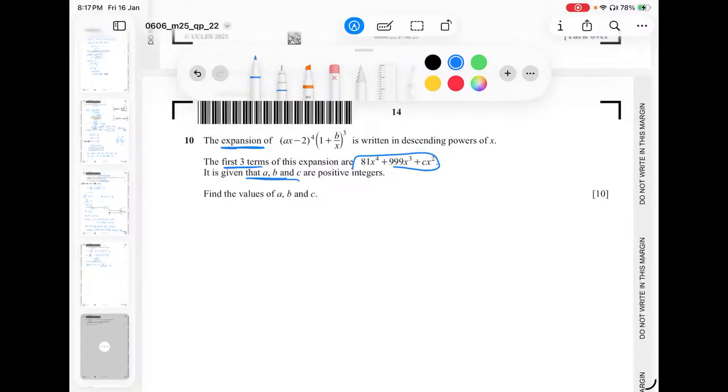Okay, so basically you need to expand it before you can find them. So basically this should give you a power 4 x power 4. You need to use the binomial theorem. So the concept here will be the binomial theorem.